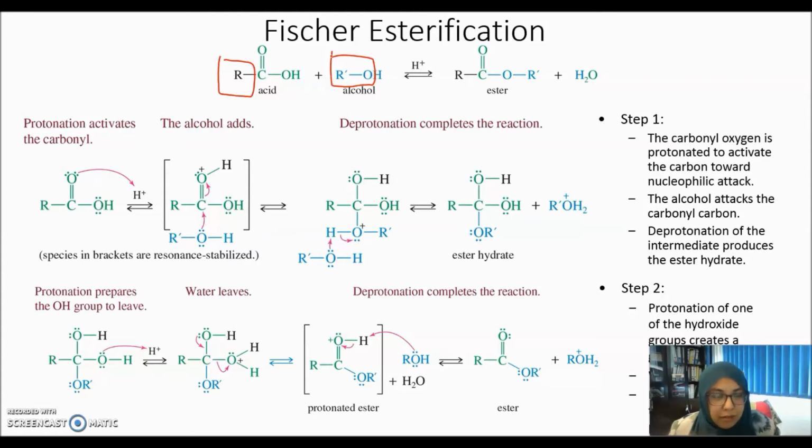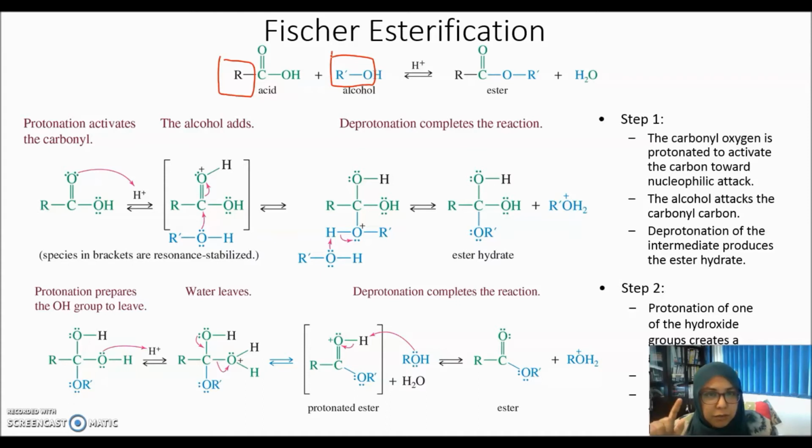Then to stabilize everything, the electron in the middle has to be moved to that protonated oxygen. And then more moving or pushing of electrons will be completed, and then your product will be ester hydrate. And then after that, to stabilize everything, you are going to react it again, whereby the end product of yours will be ester.